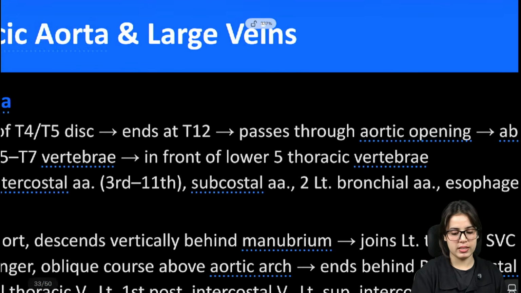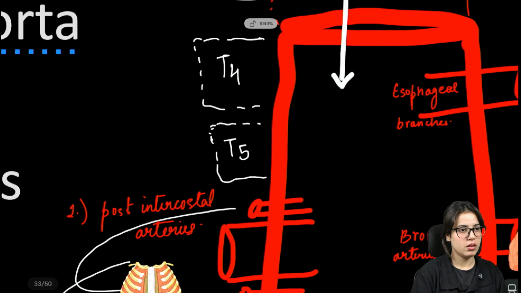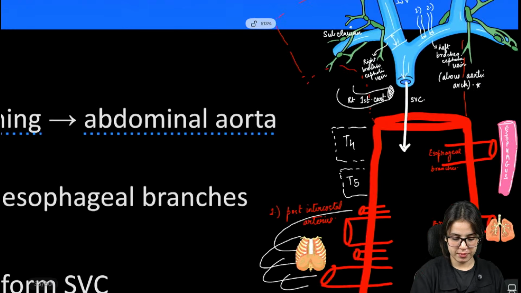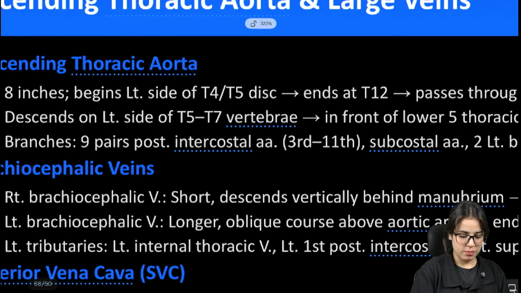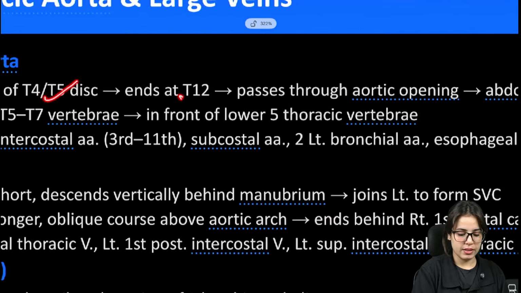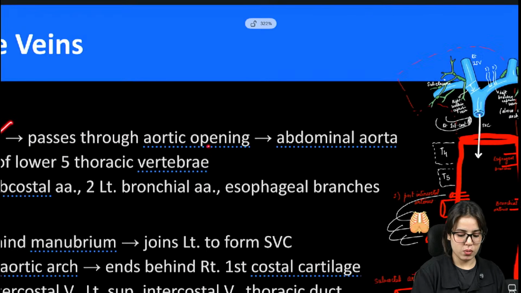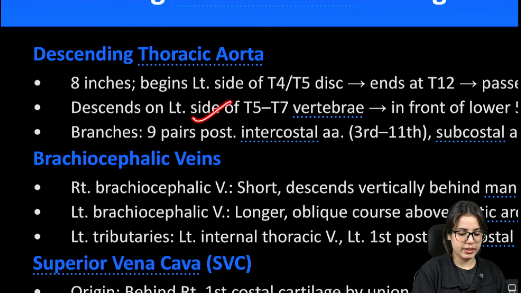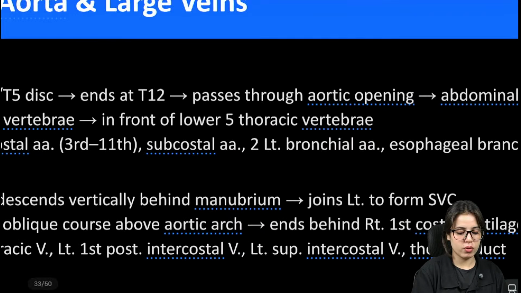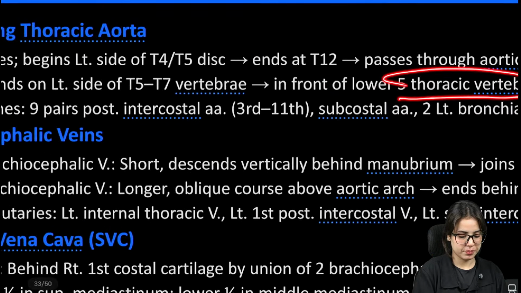Descending thoracic aorta, let's start. It begins at this level, ends at T12, passes through the aortic opening into the abdominal aorta. It descends on the left side from T5 to T7 vertebrae, in front of the lower five thoracic vertebrae.